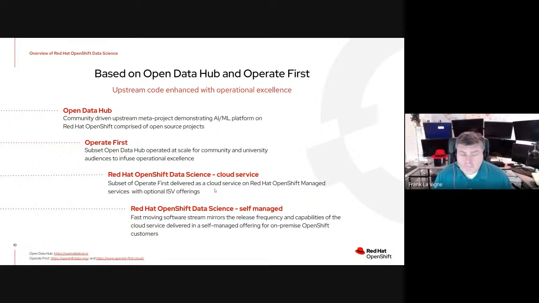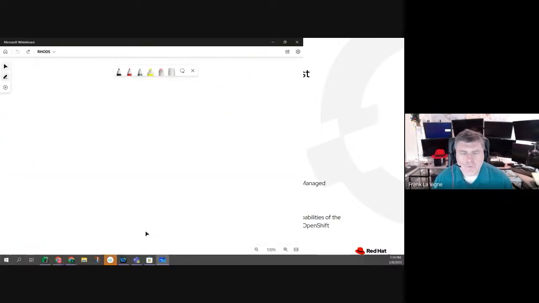Now, this is important, particularly for data science, in that when you train your models, you have to train your models in a way that respects user privacy, data sovereignty laws, and any other regulations that come with it. So what we're seeing with a lot of customers, and I'll switch to the whiteboard here, is that they have data.